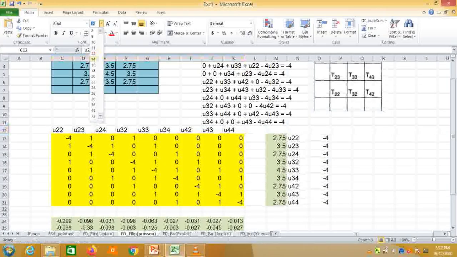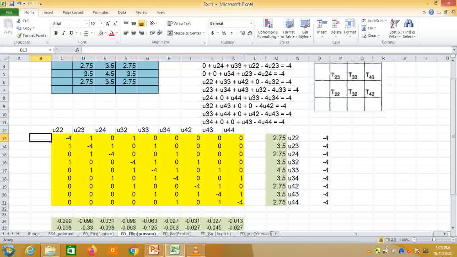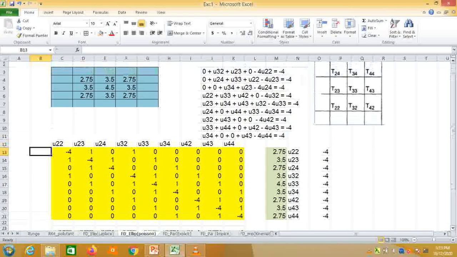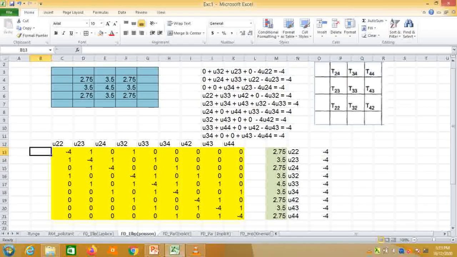Corresponding to U22, the coefficient is 1 here, and from the first equation it's -4 here. Corresponding to U23, the coefficient is 1. Corresponding to U24, there is no coefficient. Corresponding to U32, it's involved, so it's 1. 33 is not involved, so it's 0. 34, 0. 42, 0. 43, 0. 44, 0. So these are the coefficients pertaining to each one of these variables.